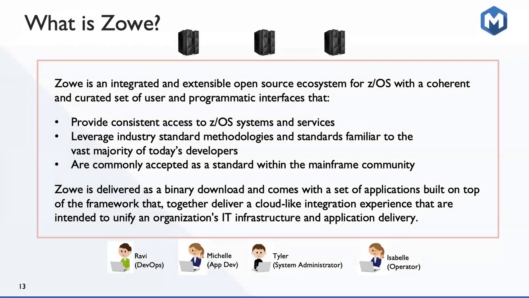The end users that are targeted by Zowe are those at the bottom of the screen there. So DevOps engineers, application developers, sysprogs or systems administrators, and operators responsible for the health and monitoring of the mainframe operating system itself and mainframe subsystems and enterprise applications like DB2, et cetera.